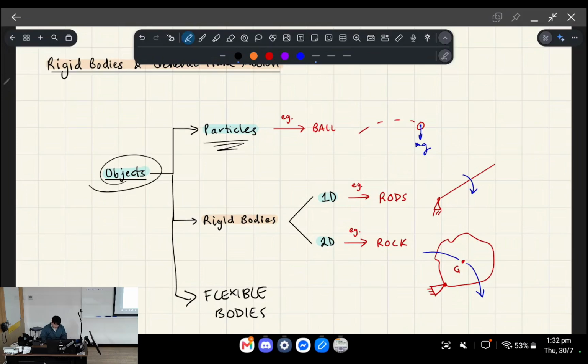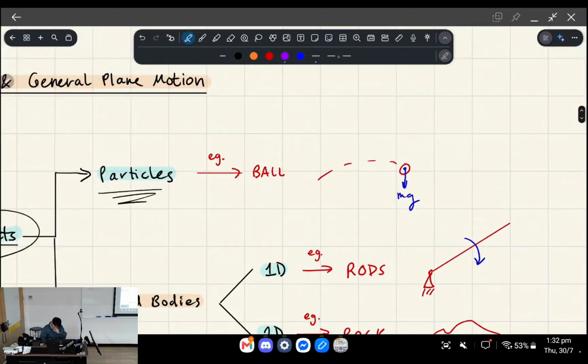So particles, right? Let's say we're throwing a ball. We define the coordinates of x and y, for example, which marks out the directions in which we're considering the movement of the ball. But the ball itself is just a point in space that's moving. We don't actually care about the diameter of this ball or its other dimensions. It effectively doesn't have a size when we're doing something like projectile motion.